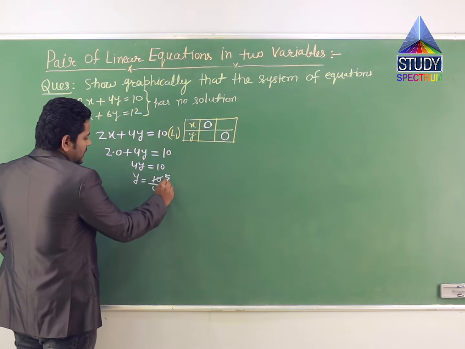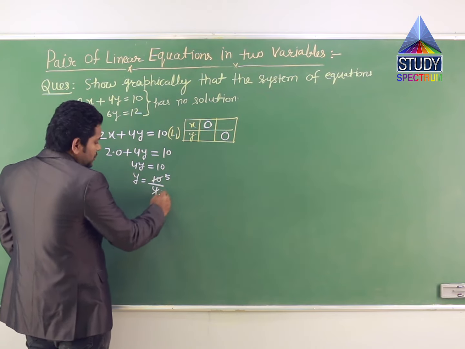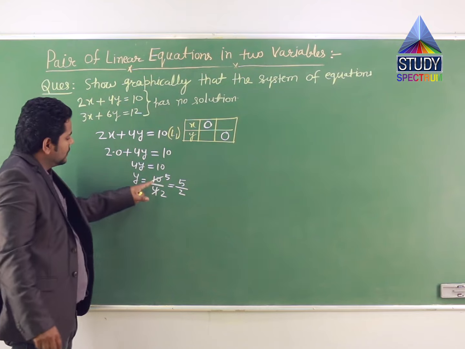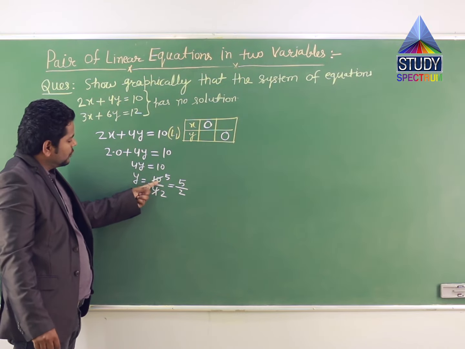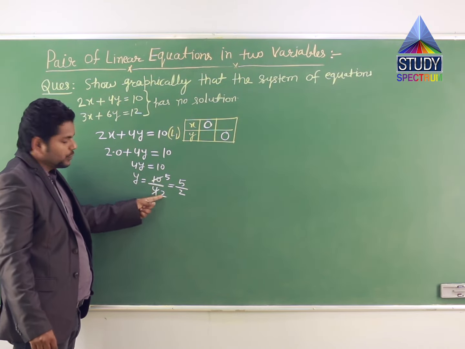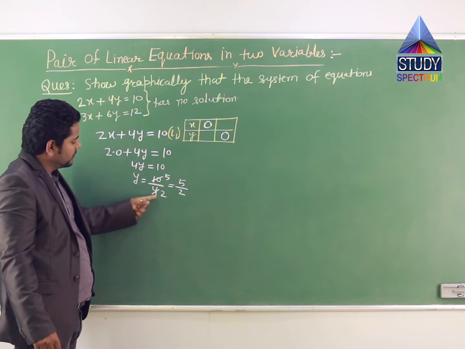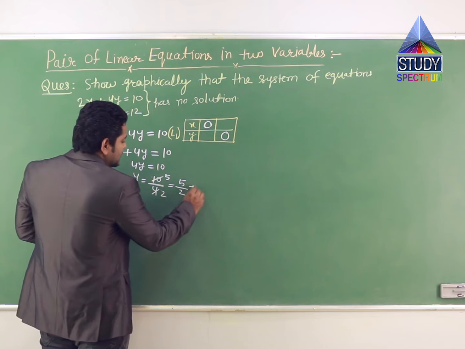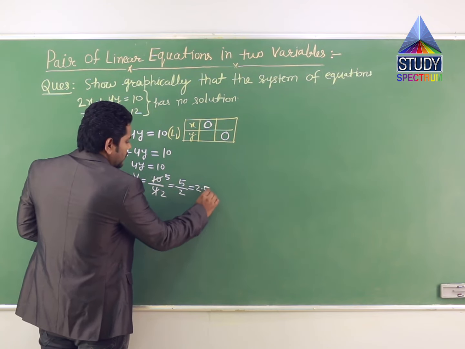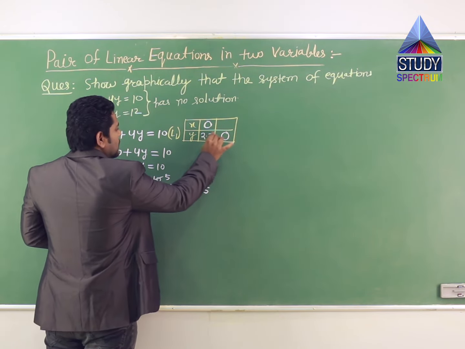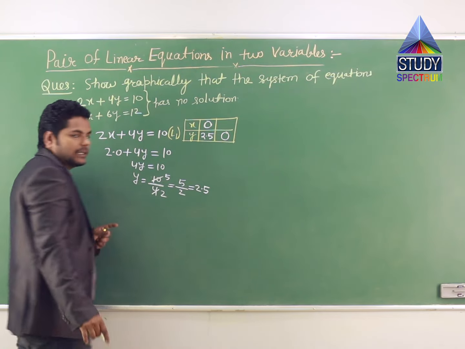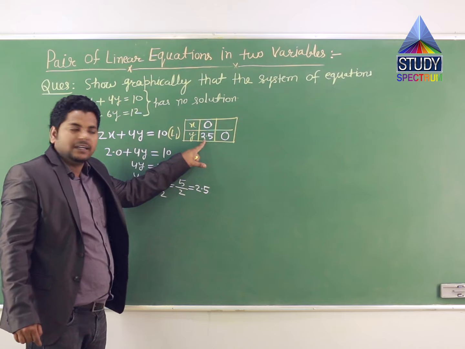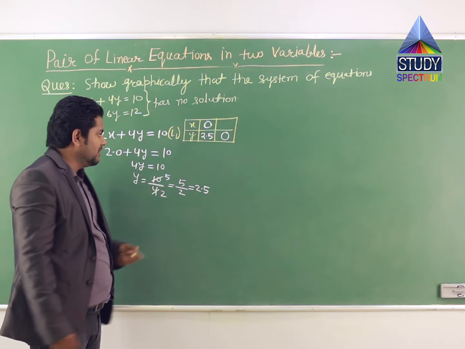Dividing both numerator and denominator by 2, we get 5 by 2, which is 2.5. So when we put x equal to 0, we get y equal to 2.5.